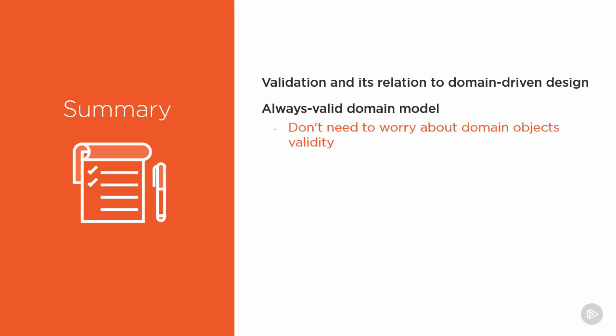The benefit of this approach, as opposed to the not always valid domain model, is that once you instantiate a domain object, you don't ever need to worry about its validity. This is a strong benefit that helps simplify your code and reveal bugs early on. In most cases during compilation, because it allows you to take advantage of strong typing and compiler guarantees.